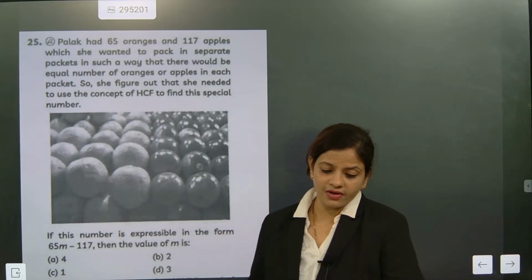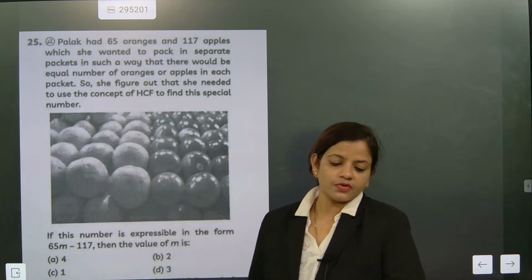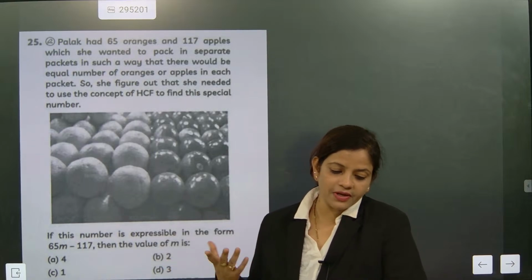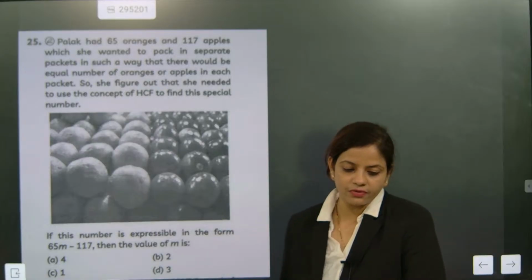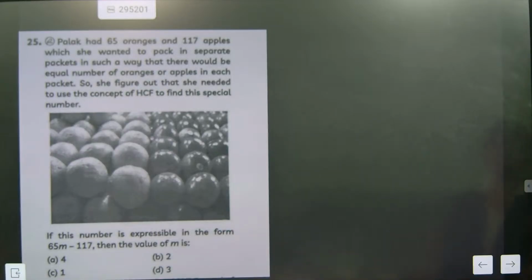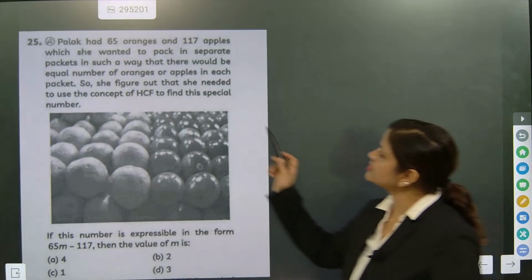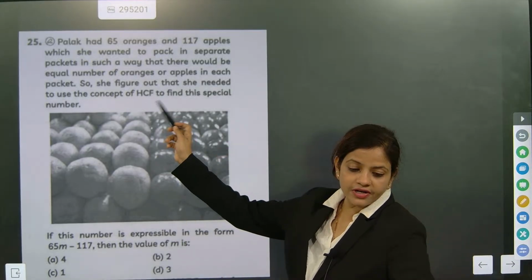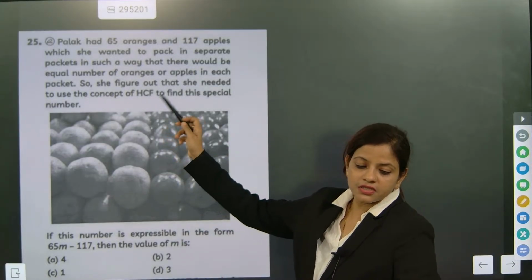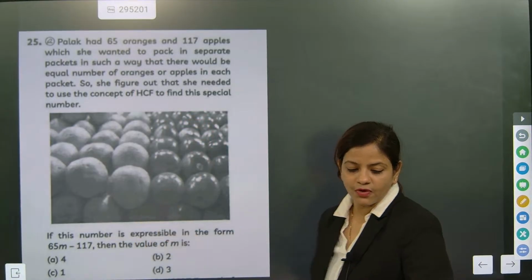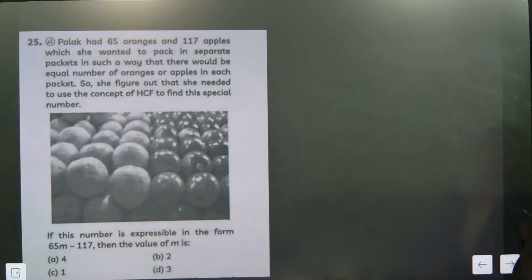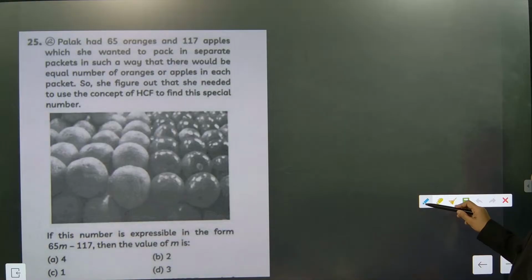Again, they have given the words equal number. So whenever equal number of words are given, they will be asking HCF. Whatever the HCF of these two numbers is, it will be expressible in this form.